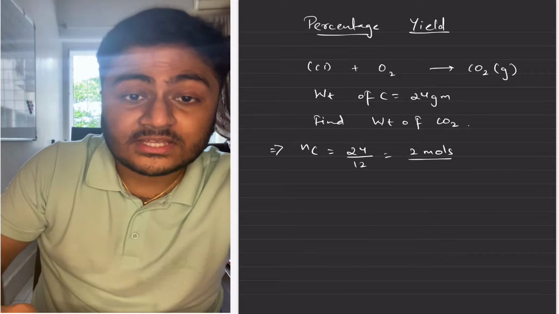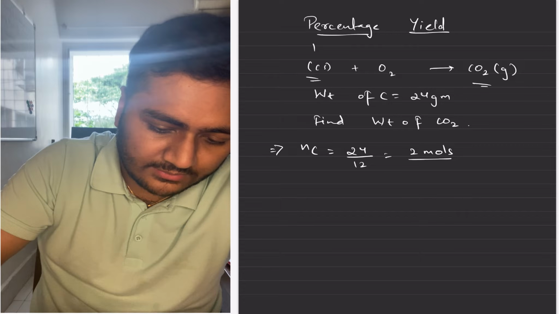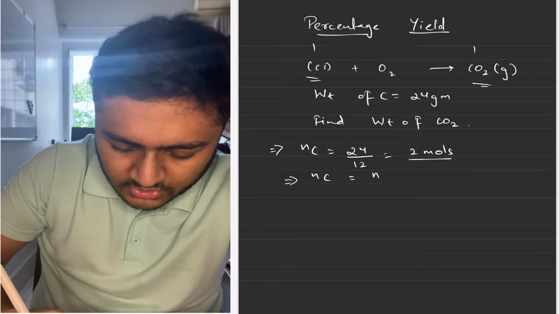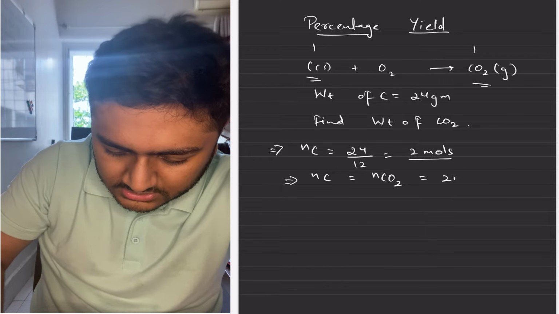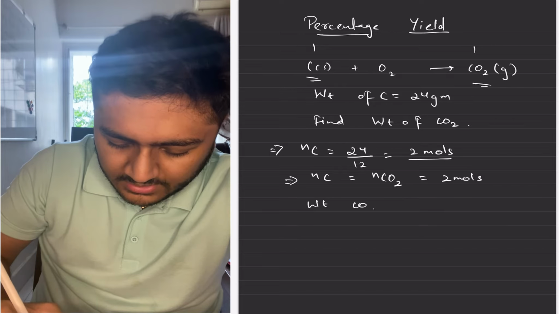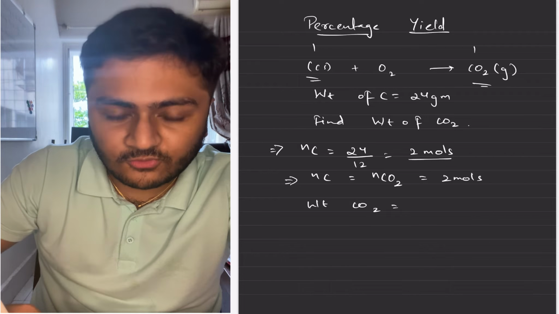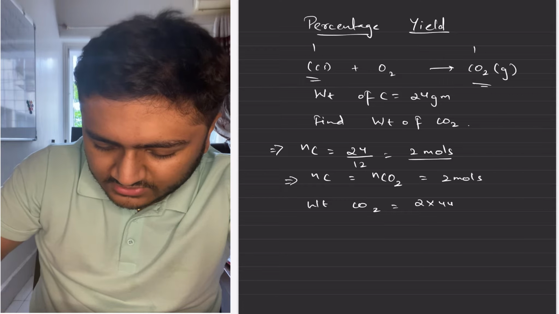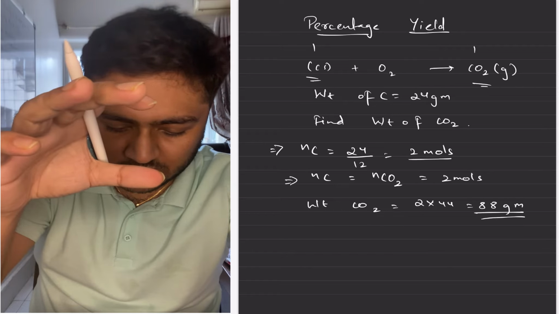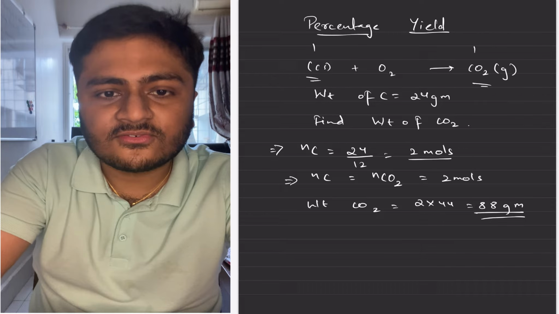Now we can see from the reaction that carbon and CO2 are in the ratio 1:1. Therefore, moles of carbon will be equal to moles of carbon dioxide, which is 2 moles. Now, the weight of carbon dioxide will be 2 multiplied by its molecular weight, which is 44. 2 multiplied by 44 is 88 grams. So I can say that 24 grams of carbon produces 88 grams of CO2.